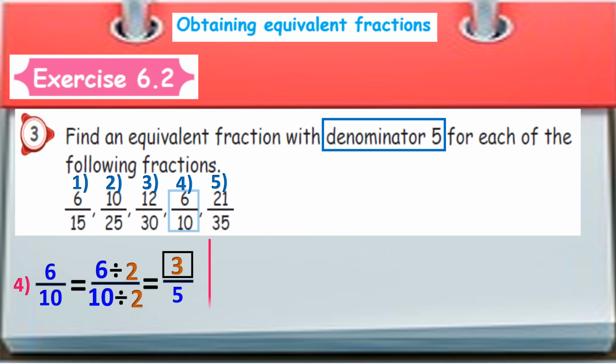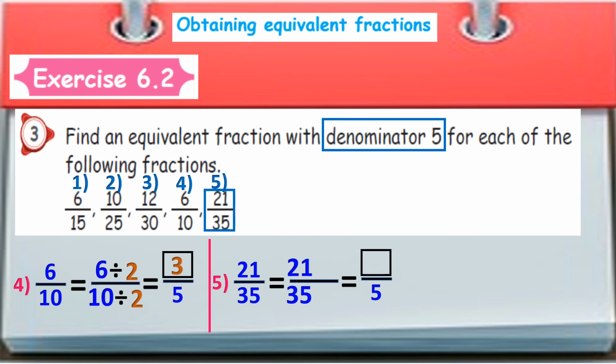Now come to the fifth one, 21 by 35. Select this denominator 5. Okay. Here in the 5 times table, 5 times what number is 35? What number should be divided here? 7. Yes. So 35 divided by 7, I'll get this 5.